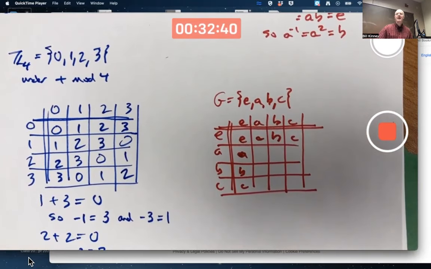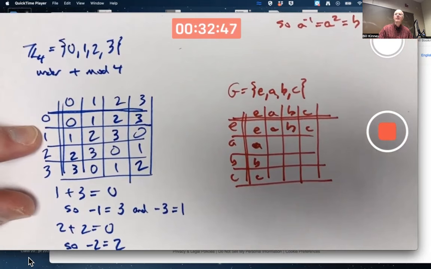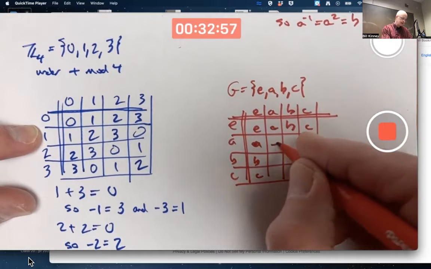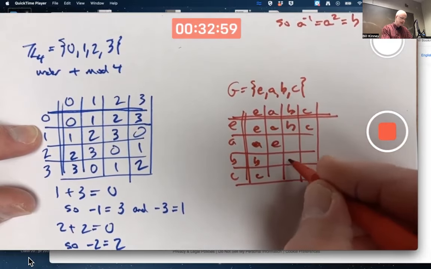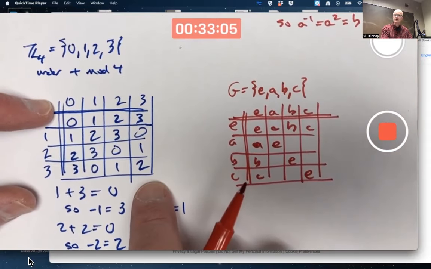But the way I'm going to start making this different in structure from this table is I'm going to make, in this abstract group, every element its own inverse under multiplication. So A squared, for example, is going to be E. B squared is going to be E, and C squared is going to be E. All E's down the main diagonal. That didn't happen over here. Not all zeros down the main diagonal.